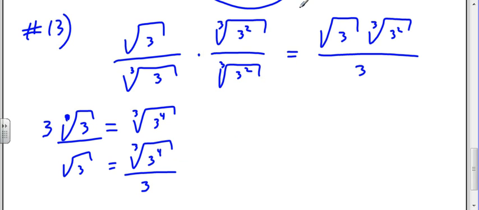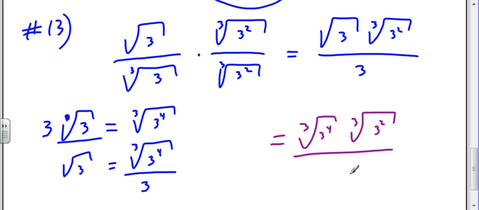Okay, so now I can come back here and say this is equal to the 3rd root of 3 to the 4th times the cube root of 3 squared divided by 3 squared.